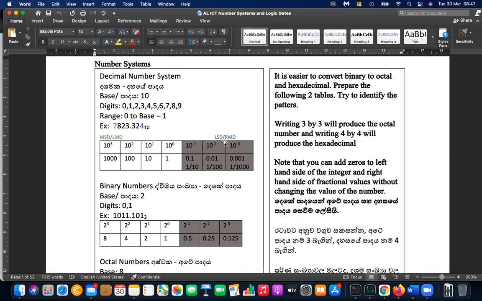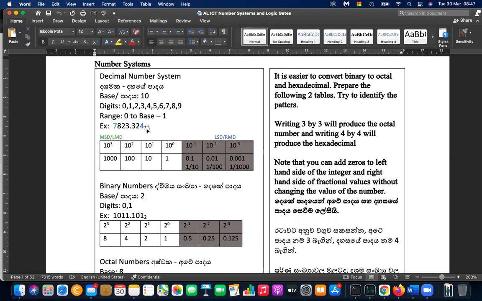Least significant digit, most significant digit, or rightmost digit and leftmost digit. Let's take an example, 7823.324. 7 is the most significant and 4 is the least significant, or 7 is the leftmost and 4 is the rightmost.